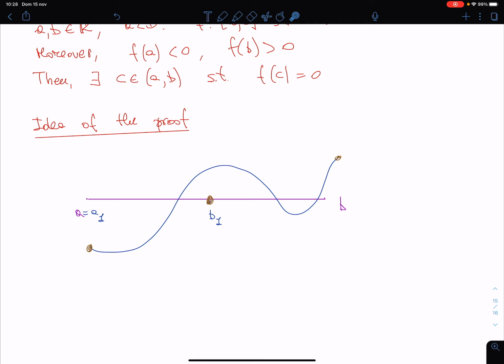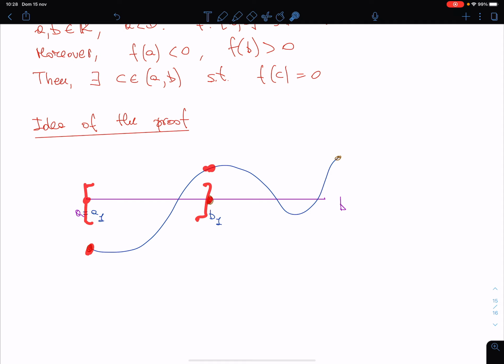So now, again, you are in this situation with a function, so focus on this interval a1, b1, and you have a function which is negative at the first extreme of the interval and positive at the second one. So it is exactly the same situation as before. So what can you do?